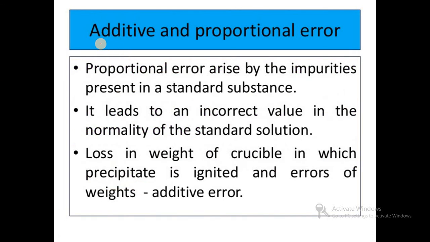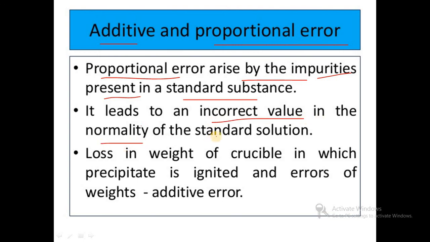Then the next type is an additive or proportional error. What is additive or proportional error? Proportional errors arise from impurities present in a standard substance. It leads to an incorrect value in the normality of the standard solution. If the standard substance is impure, then we are not getting the correct normal solution.